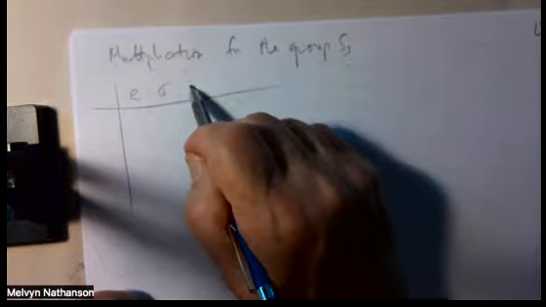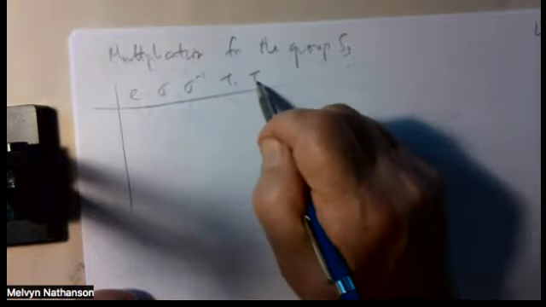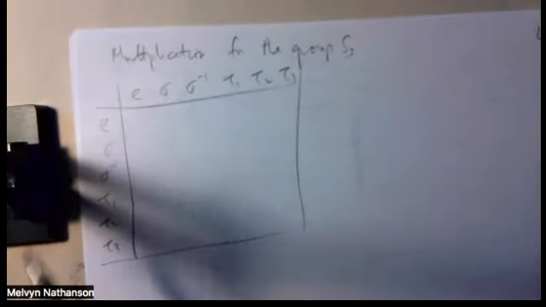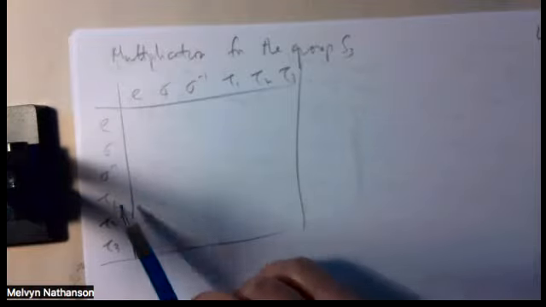So I have 6 elements: E, sigma, sigma inverse, tau 1, tau 2, tau 3. And the multiplication table means write down all the products. This times this. This times this.